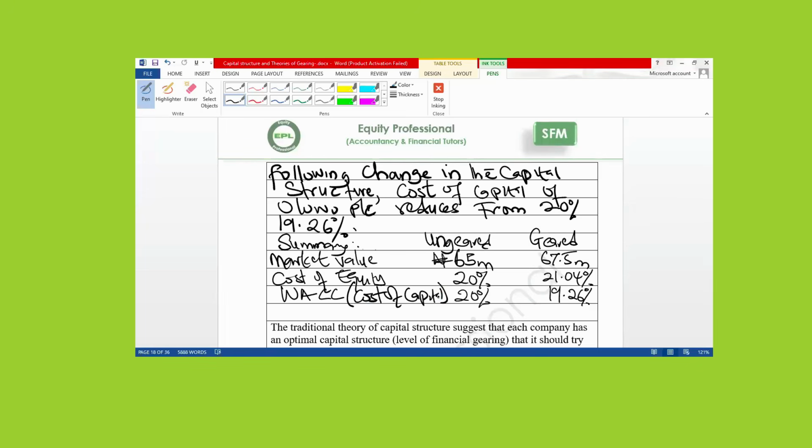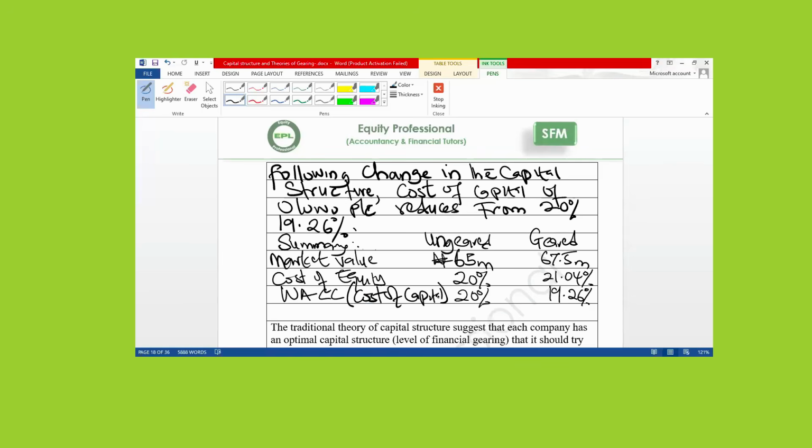When the company becomes geared, its overall cost of capital is reduced to 19.26%. This is the benefit of tax relief.